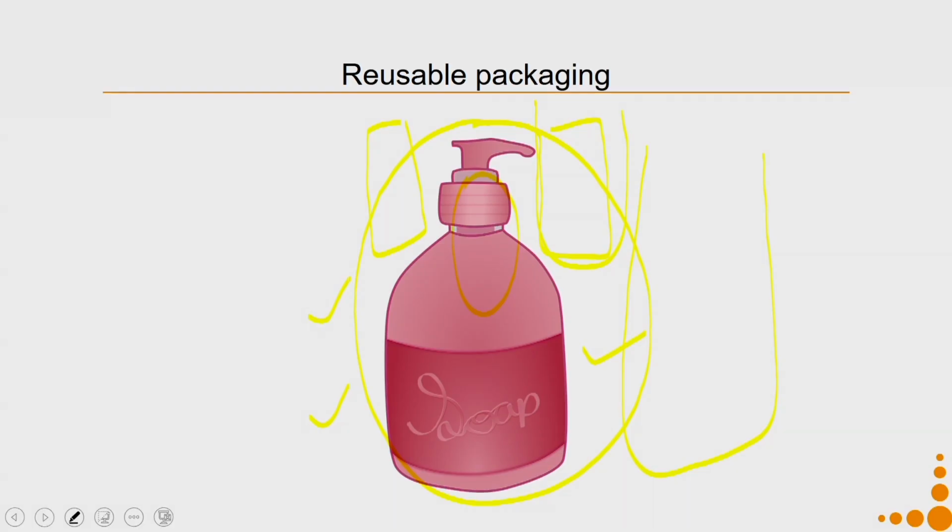So, the answer is not very easy, simple and intuitive. You have to again calculate to identify the most eco efficient solution: to supply lots of soap in this dispenser, or to supply concentrated soap so that the user can dilute it and use it, or to ship pouches only.